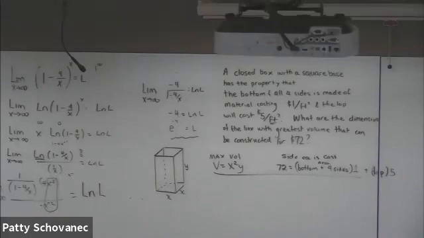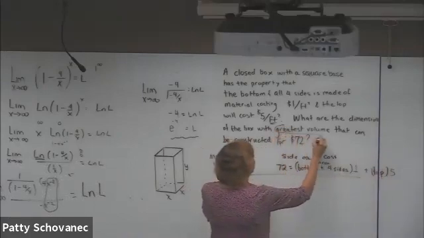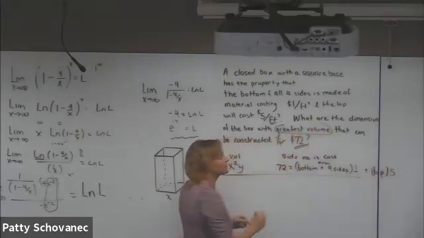On area plus 4 sides. Yep. So make sure you're able to separate what it is that you want to take the derivative of and what it is that you want to write the side equation with.